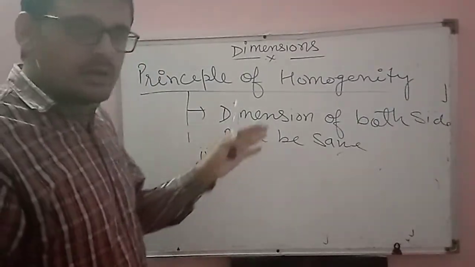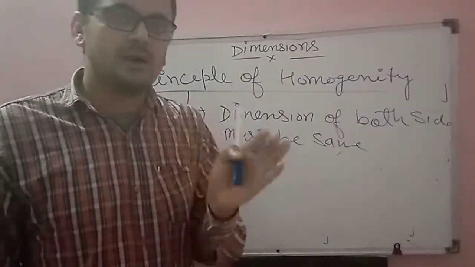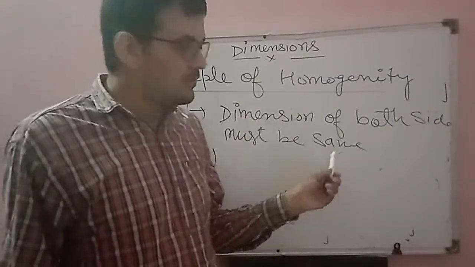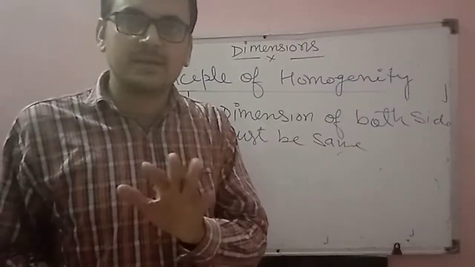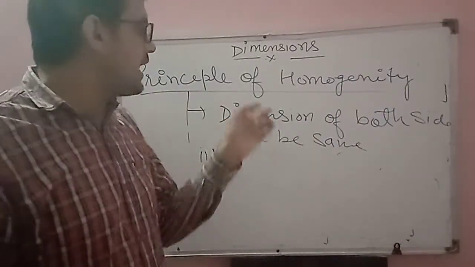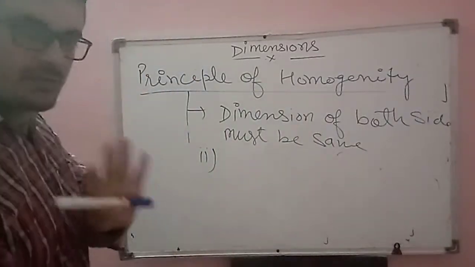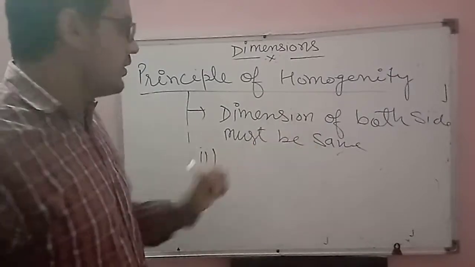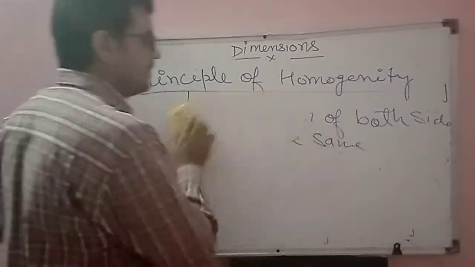Okay. So beta, what is the meaning of this? I will explain it just after some time, because there is one more topic, the application of dimension. Just wait, I will explain in detail.